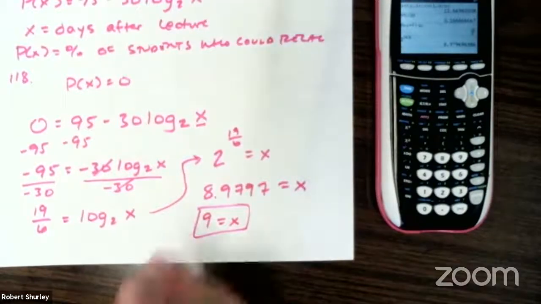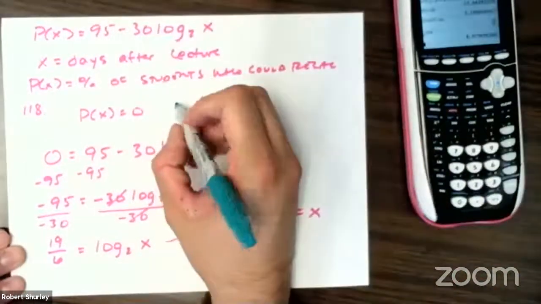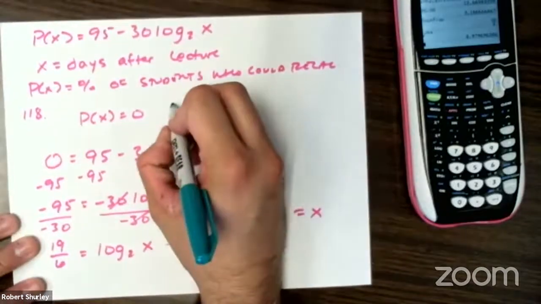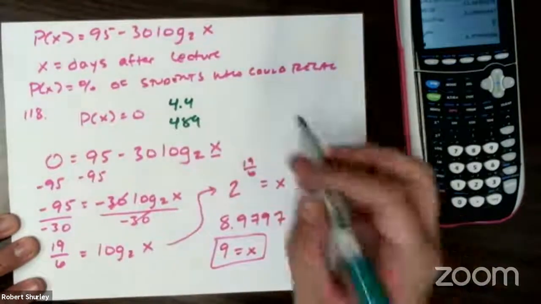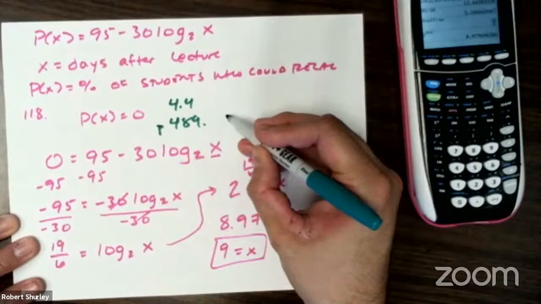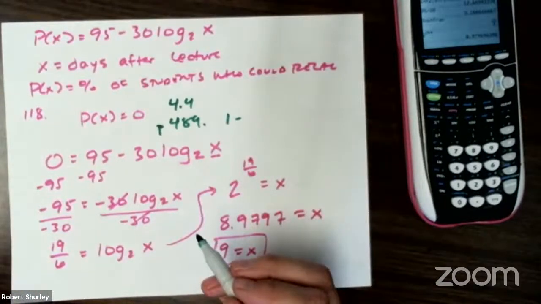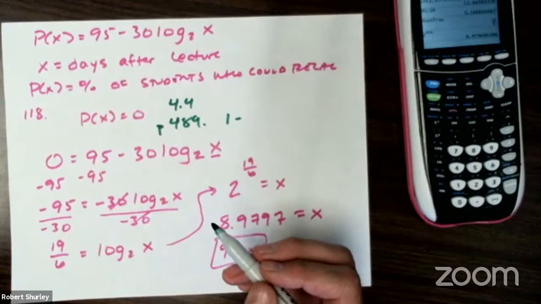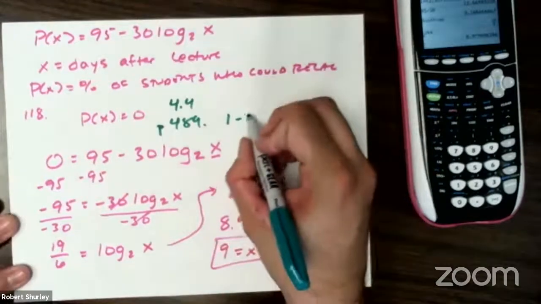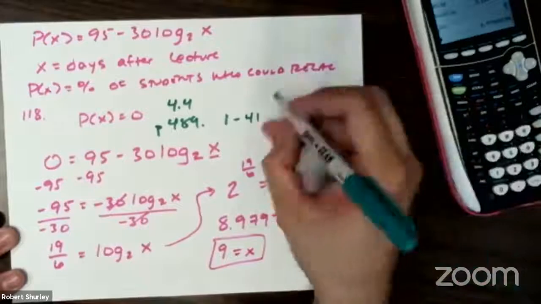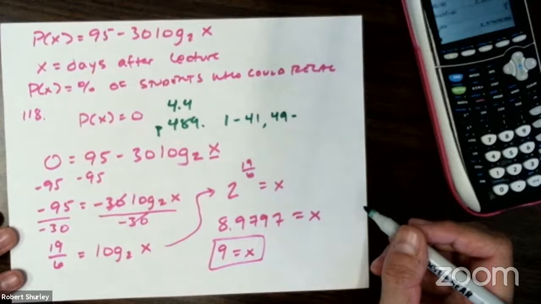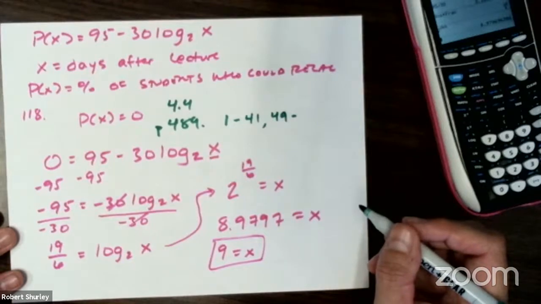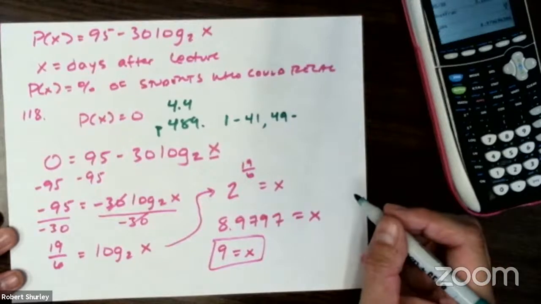And I'm sorry I had to zoom through it. We're pretty much out of class. For homework, start on page 489. So this is section 4.4, page 489. I want you to do 1 through 41. These are all odd. And then 49 through 69.